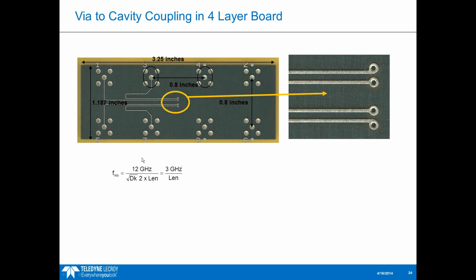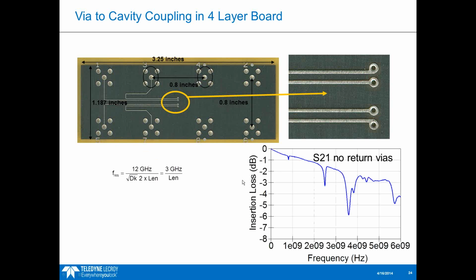So we can use this equation to give a rough estimate of the resonance frequency of the coupling in the cavity. And this is the measurement of S21, which is the differential insertion loss looking from these two connectors over to here.